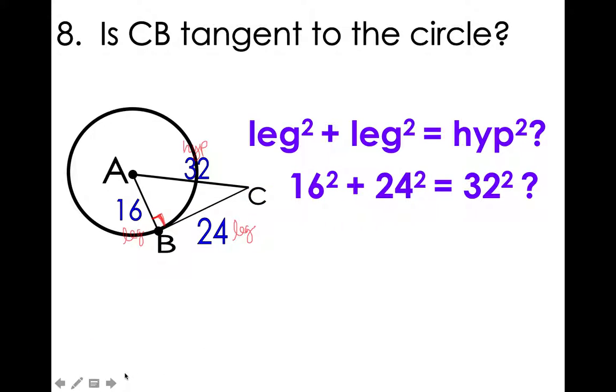So what does that mean? That means that when I do 256 plus 1024, that should give me 832, I'm sorry. Go back.